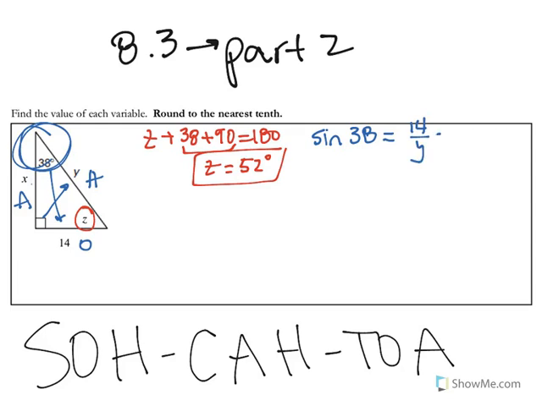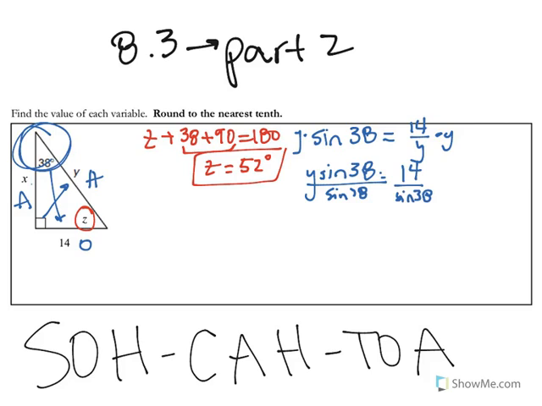All right, well, in the last problem, we multiplied the denominator to both sides. So now I've got y times sine of 38 equals 14. Well, that's not really helpful because I can't put y sine 38 in my calculator, but I can now get y by itself by dividing by sine 38. You don't get to just multiply the number to the other side.